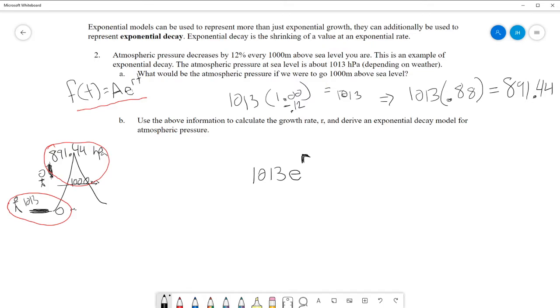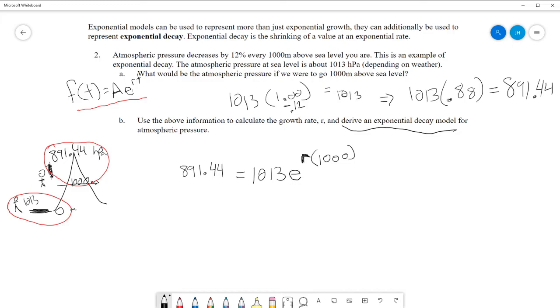So we're going to plug 1000 in here, and it should be equal to the atmospheric pressure at 1000 meters, which we calculated to be 891.44. So if we solve this equation for r, we will know the growth rate and be able to derive our exponential decay model.